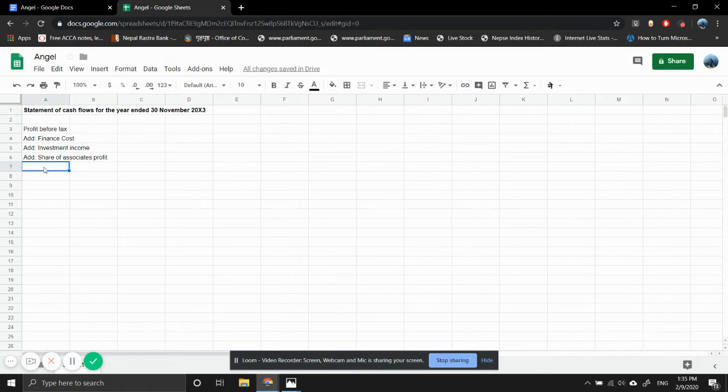And then adjustment for non-cash items, which are basically, first thing first, depreciation, right? And then after that profit or gain or loss on sale of subsidiary.